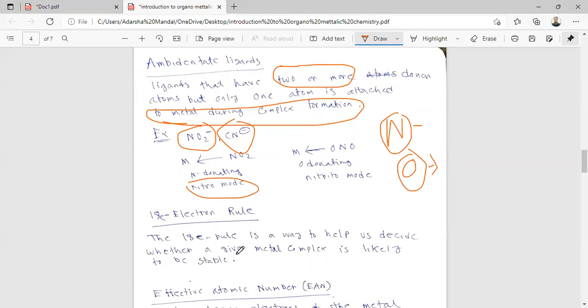Similarly, organometallic complexes follow this 18 electron rule. An organometallic complex with 18 valence electrons will be more stable compared to those with fewer or more electrons.